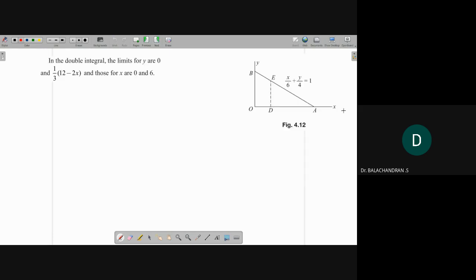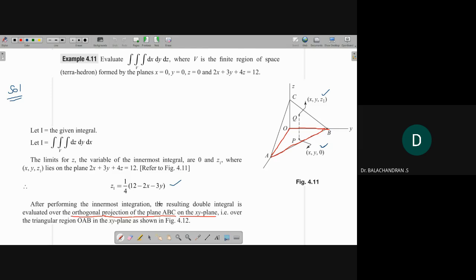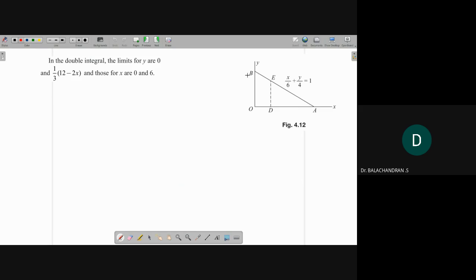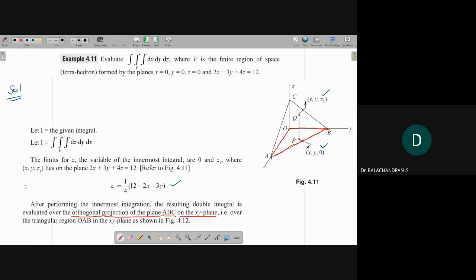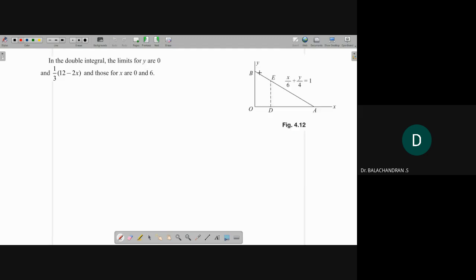In OAB, z is 0, and z equal to 0 means 2x plus 3y equal to 12. This is the line AB.